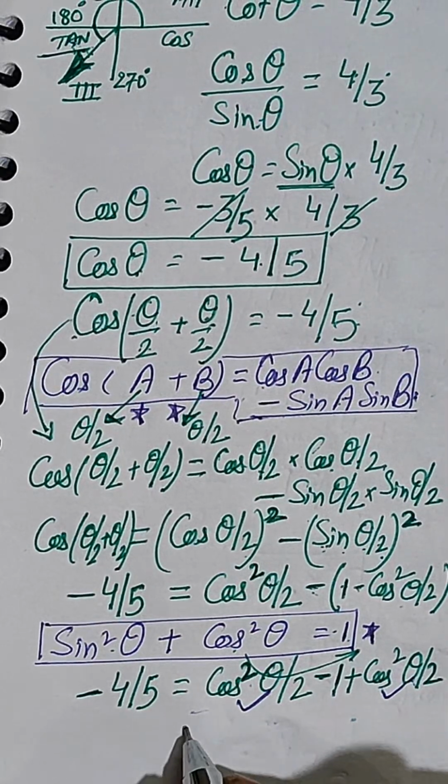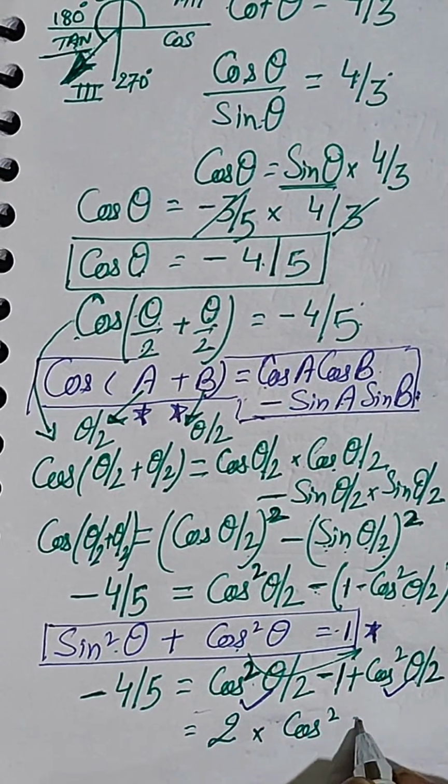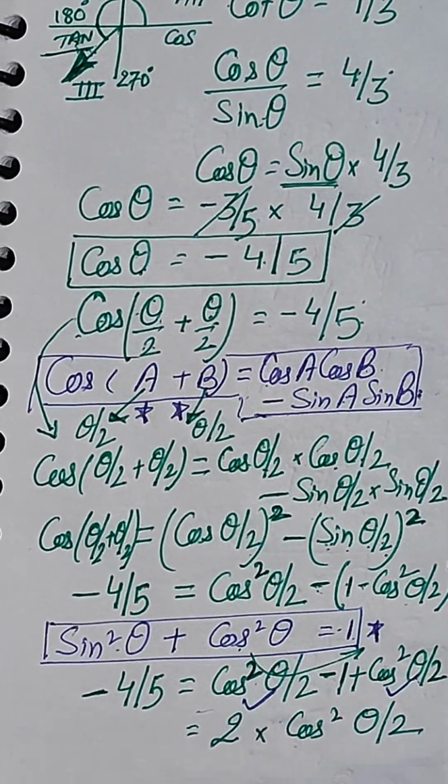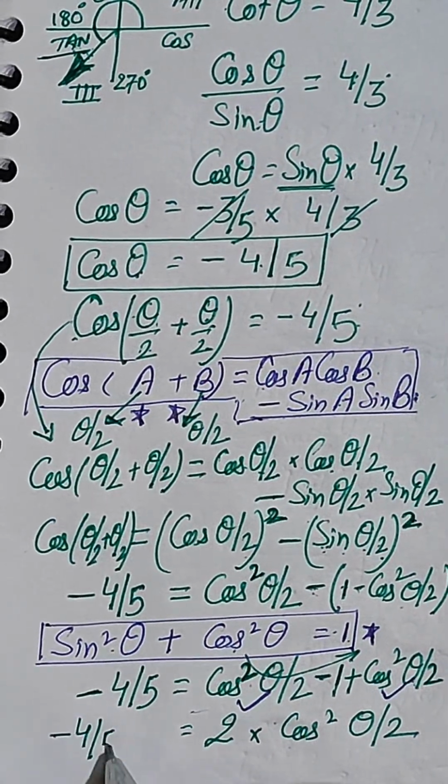So this will give you 2 times cos square theta by 2, and on the LHS we have minus 4 by 5.